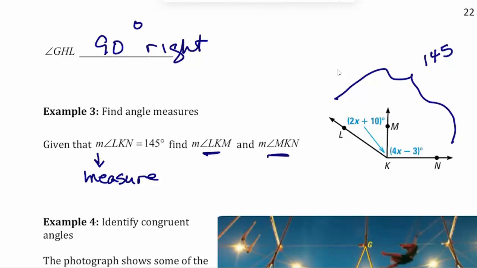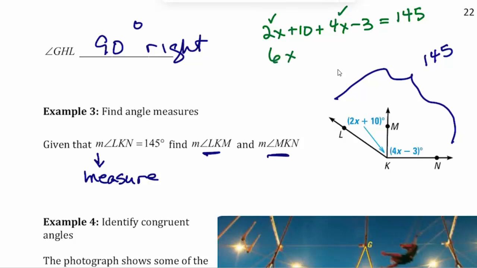Since they both have x's in them, why don't I add the two smaller angles? So I would say 2x plus 10 plus 4x minus 3. The top angle and the side angle have to sum to 145. On the left side, add your like terms. This is like, this is like.